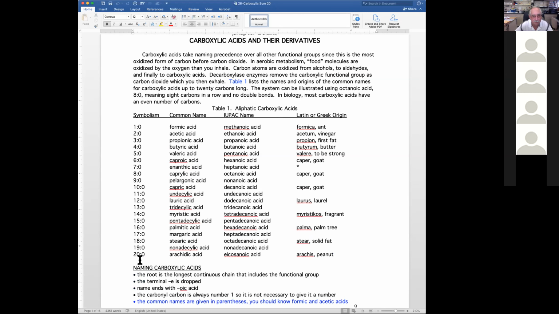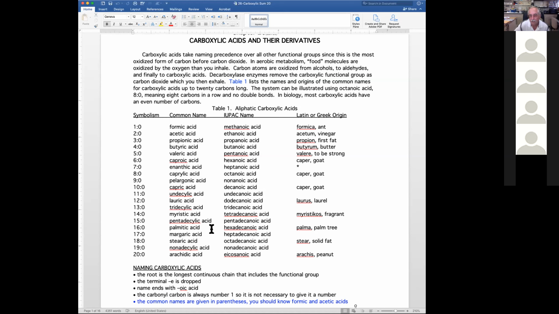So this nomenclature right here means that 1 carbon in a row, no double bonds. 20 carbons in a row, no double bonds. Okay? And what we find in biology is that most carboxylic acids, which would include the fatty acids like these down here, have an even number of carbons.